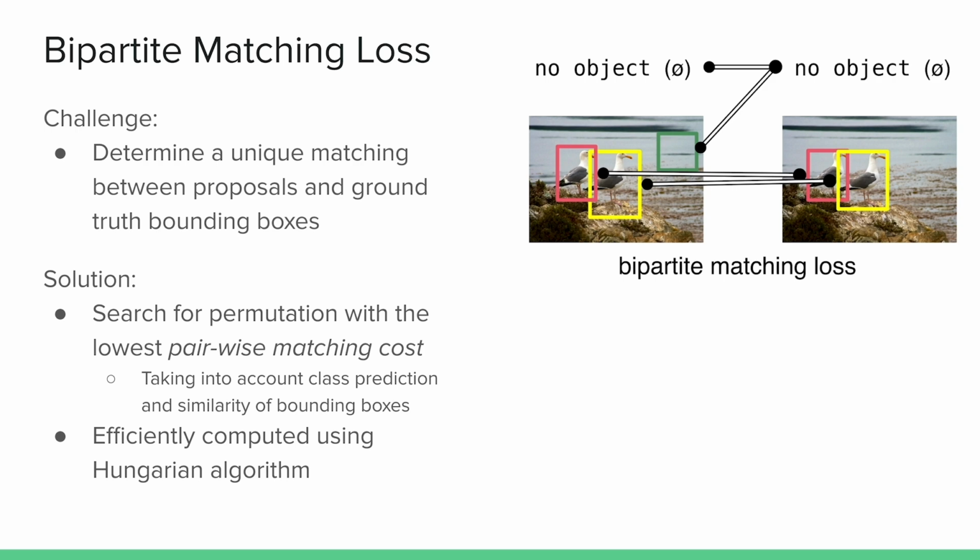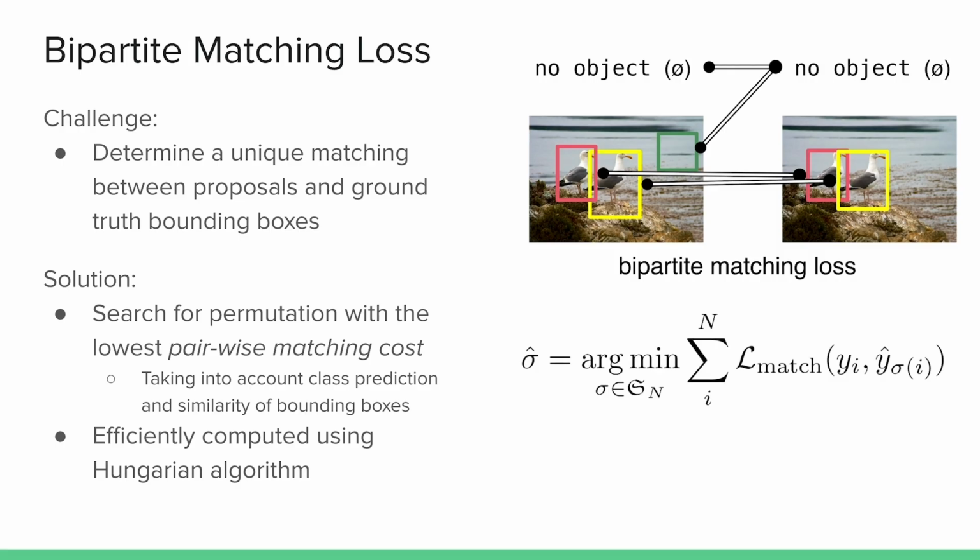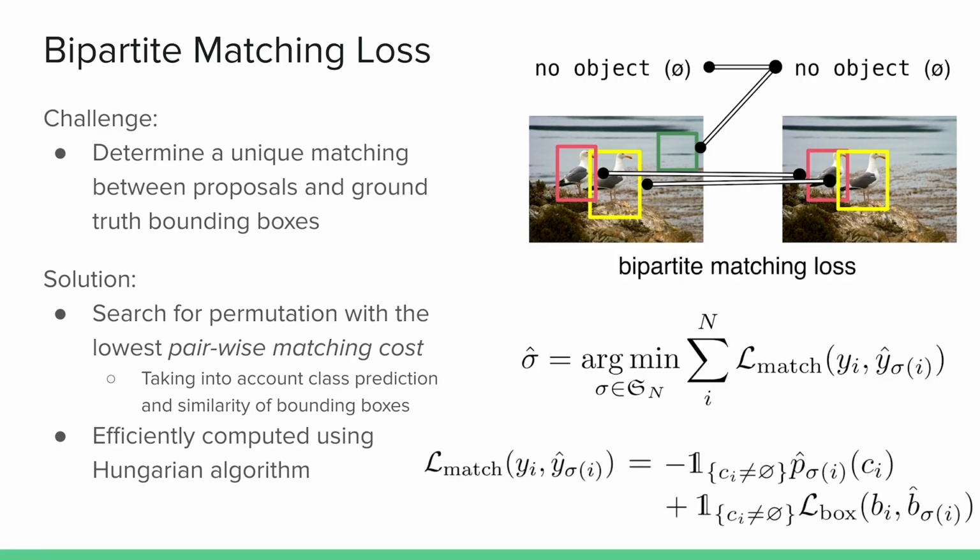And this is an assignment problem where we want to assign one element of one set to elements of the other set. How do they do this exactly? They try to minimize this matching loss. And the matching loss, as I said, takes into account both the class label probability, the first part here, and the bounding box.